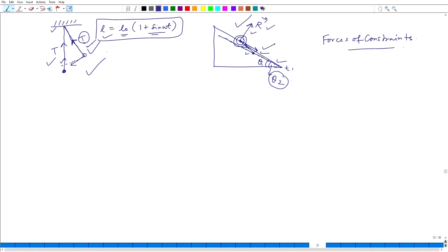What is the meaning? You can just prepare your system, say my simple pendulum system, which I have prepared in my lab, and at some t equal to 0, I am just letting this particle move from this point.